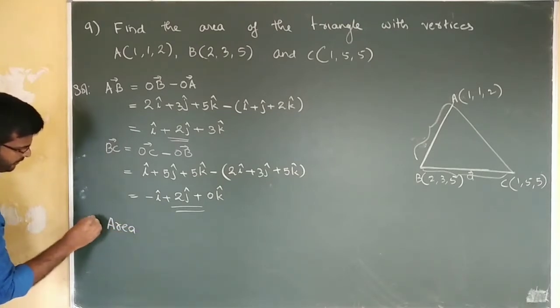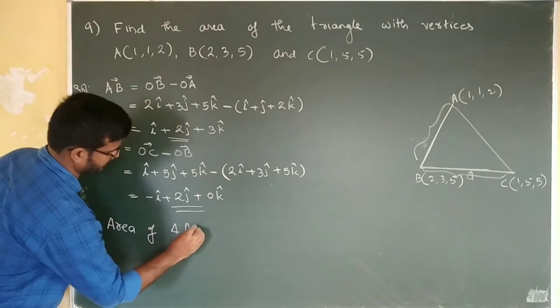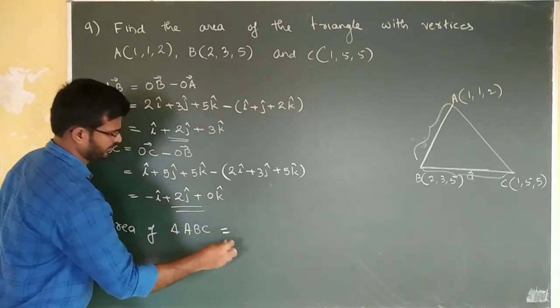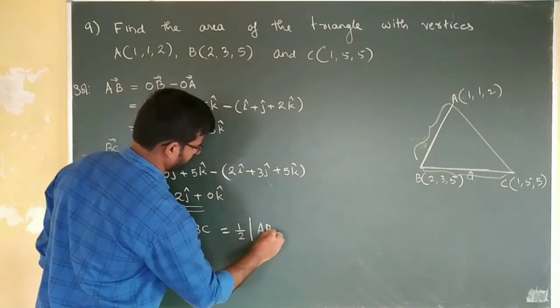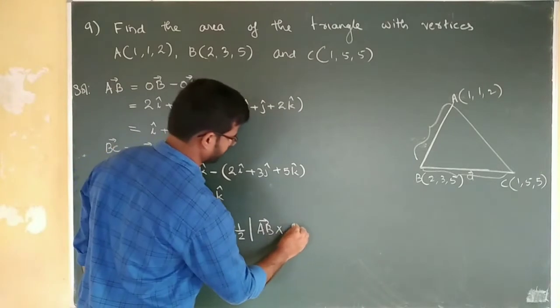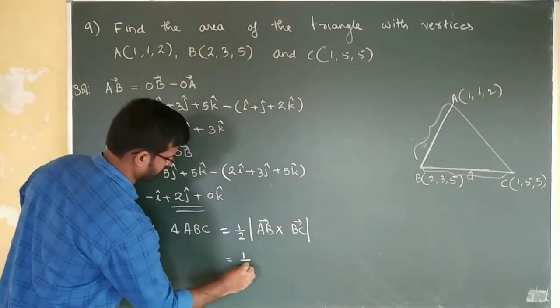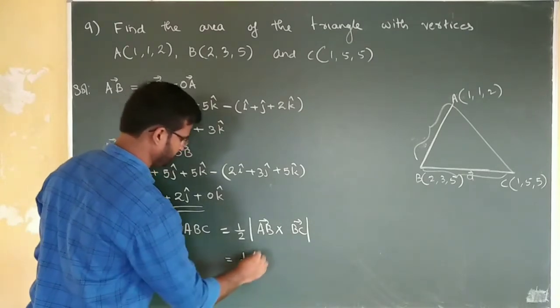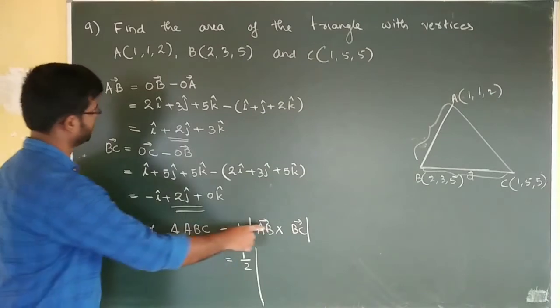Therefore, the area of triangle ABC equals 1 by 2 times the magnitude of AB vector cross BC vector. Use the determinant of AB vector and BC vector.